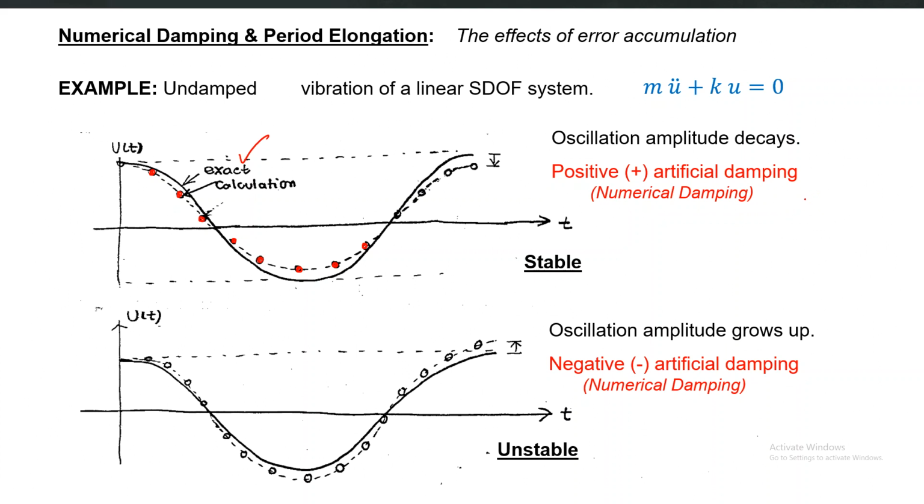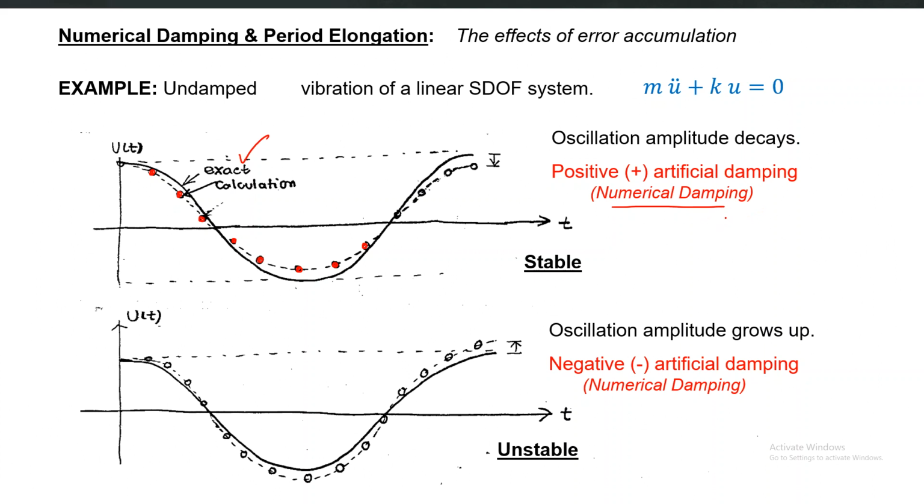And that damping is not an actual damping, that is a numerical damping, which means it is just a concept which is invoked to account for or understand a phenomenon which is actually resulting due to the accumulation of error in the analysis method.